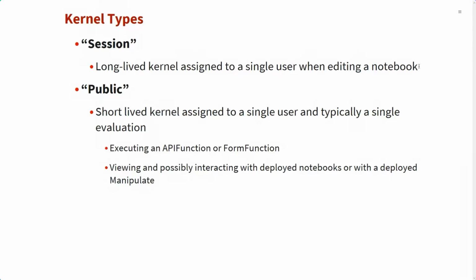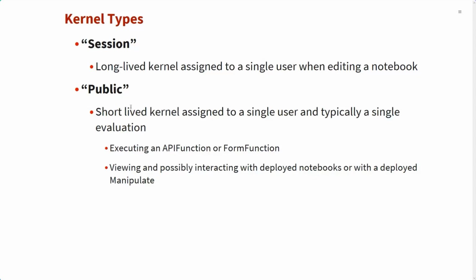This is pretty similar to the default kernel configuration when you fire up your local Mathematica or Wolfram installation. You have the same kernel that is shared across your front-end session and across your notebooks for the life of that kernel, unless you start a new one or do other things like that. And that's used when editing a notebook.